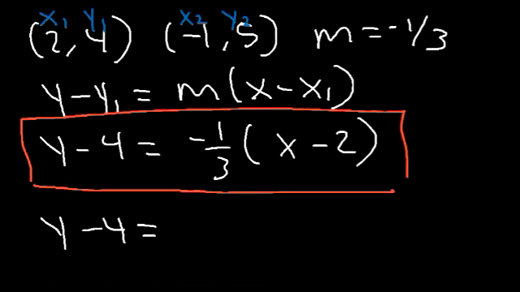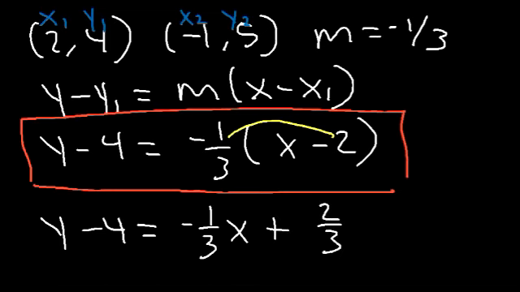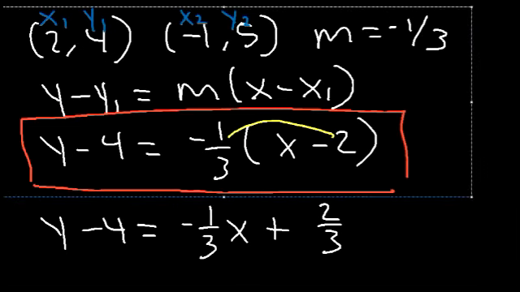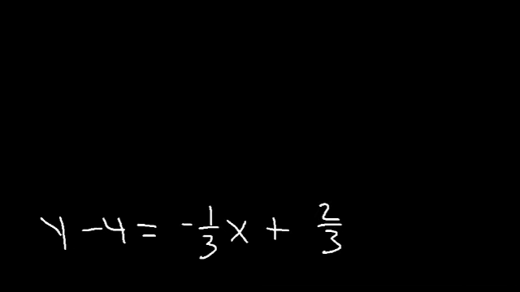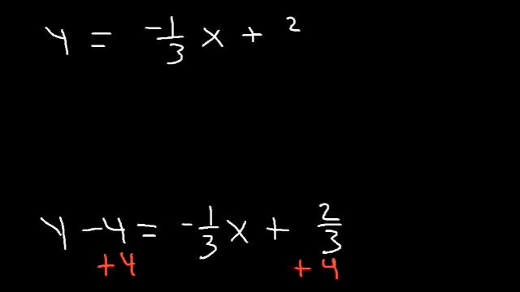Let's distribute the negative 1/3. It's going to be negative 1/3 x, and then negative 1/3 times negative 2. Negative 1 times negative 2 is 2, so it's positive 2/3. Now we need to add 4 to both sides. So it's going to be y is equal to negative 1/3 x plus 2 over 3 plus 4. 4 is the same as 4 over 1. To add 2/3 and 4, we need to get common denominators.